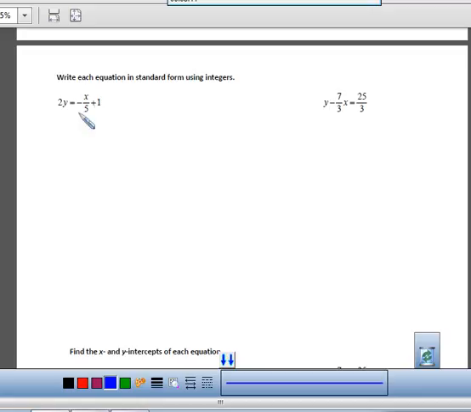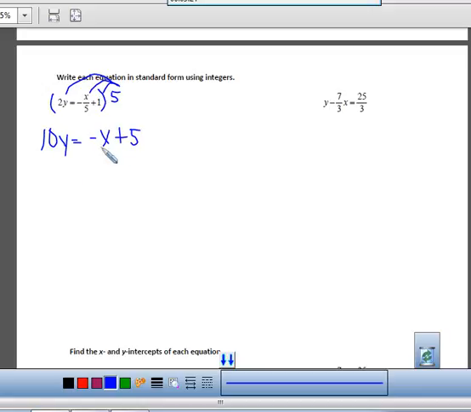I look at this and I have a fraction. To get rid of that fraction, I realize that I'm dividing by negative 5, but I can get rid of it by multiplying the entire thing by 5. So when I do that, I get 10y equals, the 5's cancel out, so I have negative x plus 5.